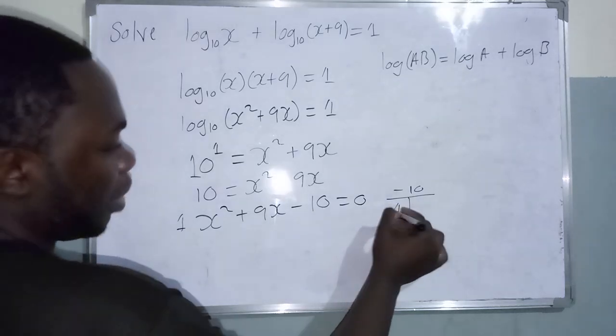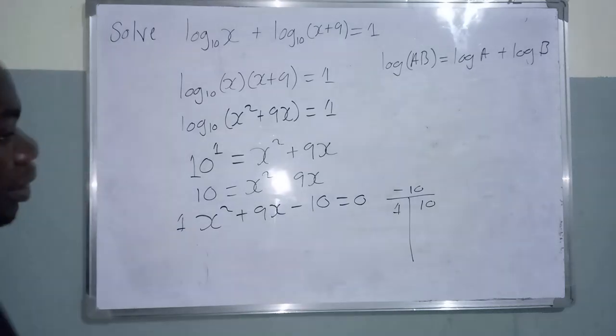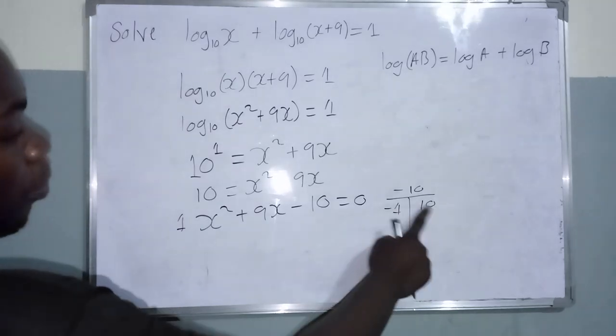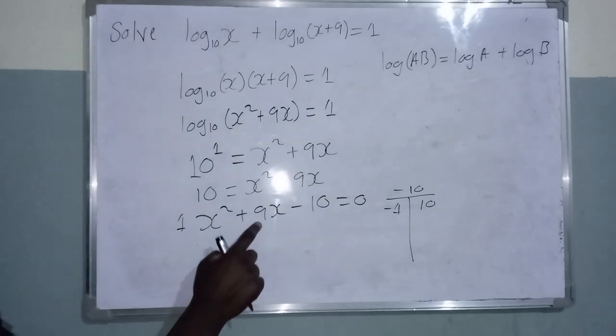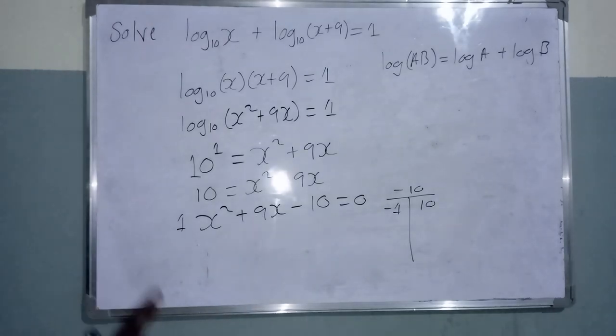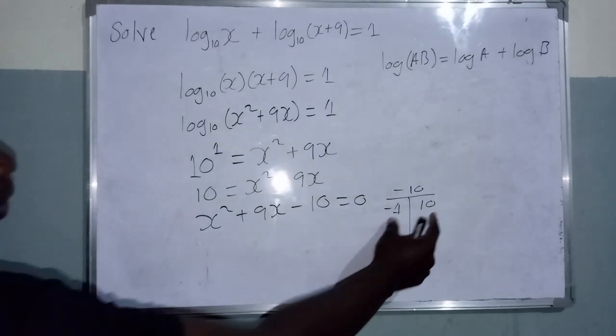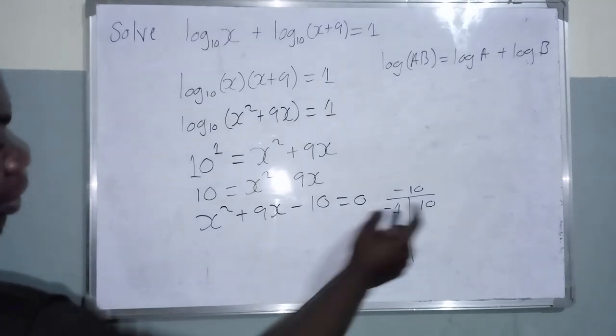So when we say 1 and 10, and 1 is supposed to be negative, when we multiply these two, we have negative 10. When we add the two numbers, we have positive 9, meaning that we use these two numbers. Okay, so where are we going to use them now? Where are we going to substitute these?